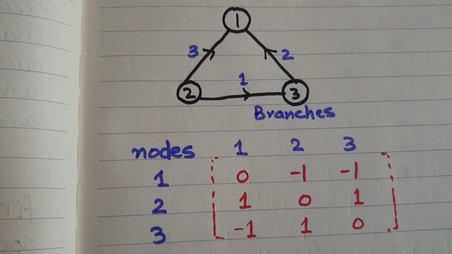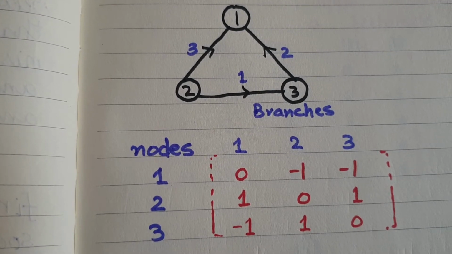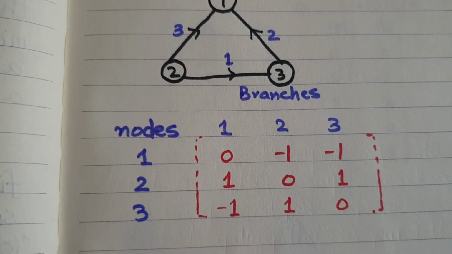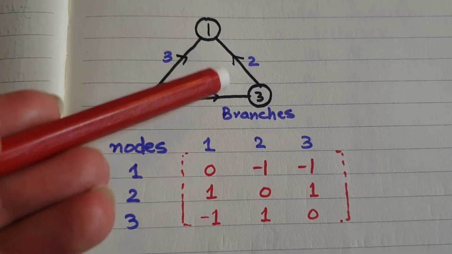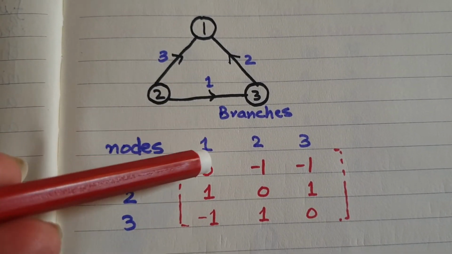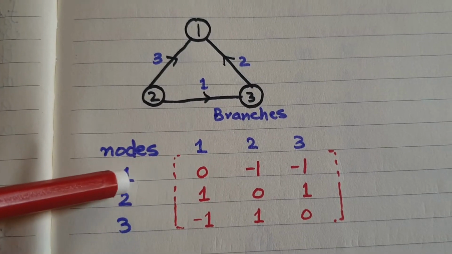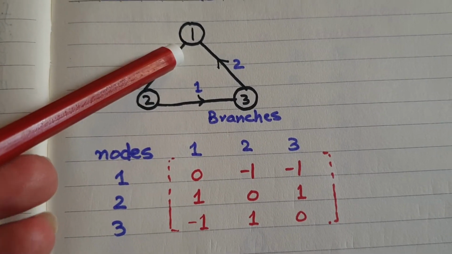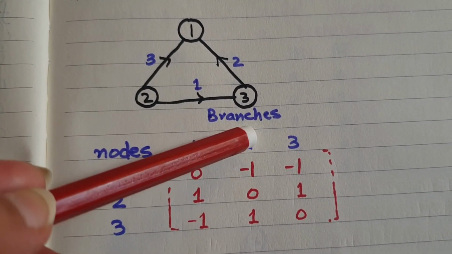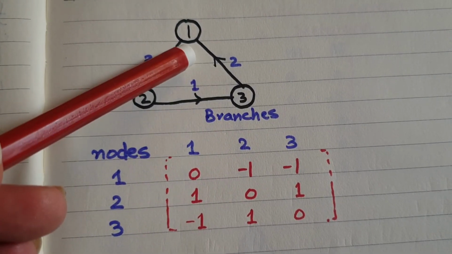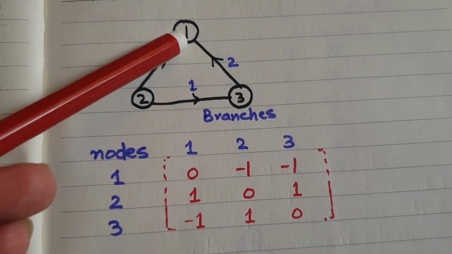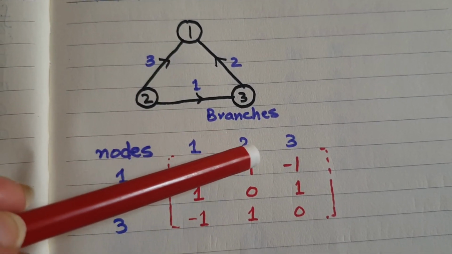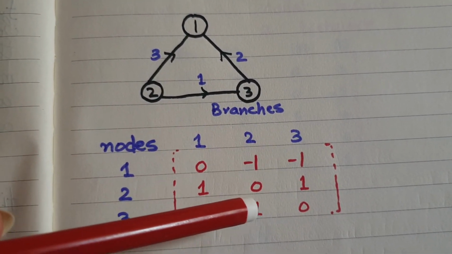Starting from node 1 with branch 1, the branch 1 doesn't connect the node 1, so the entry is equal to 0. Then at node 1, we can see that branch 2 is entering the node, that's why it has been marked as -1. Similarly, branch 3 is also entering node 1, so it has been marked as -1.